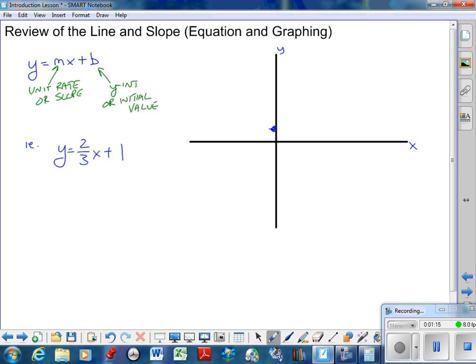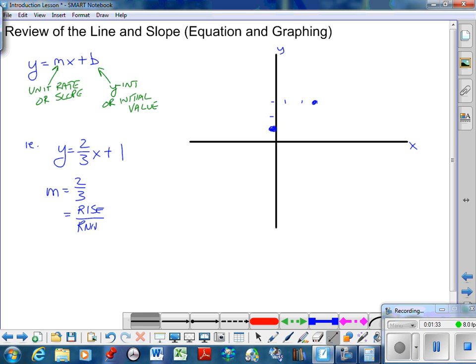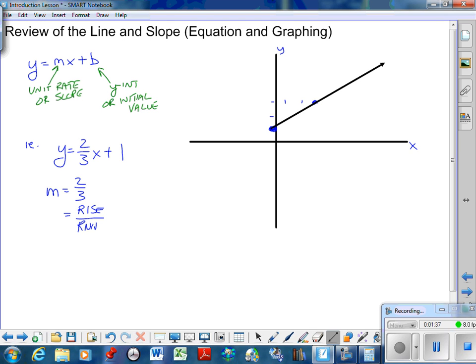Slope again, if m equals 2/3, that's rise over run. So that's how far I would go up. So here's my first point, up 2, across 3. So there we are. Then we can draw a line through it, and that would give us our line of best fit.